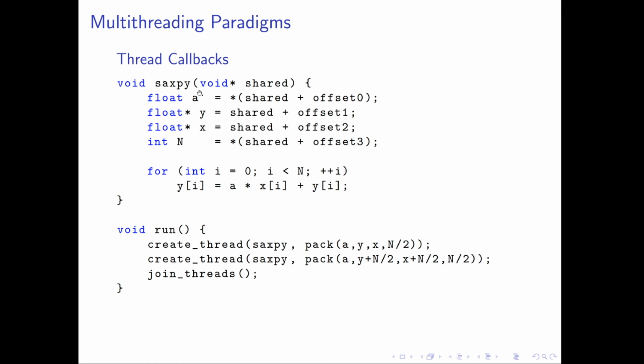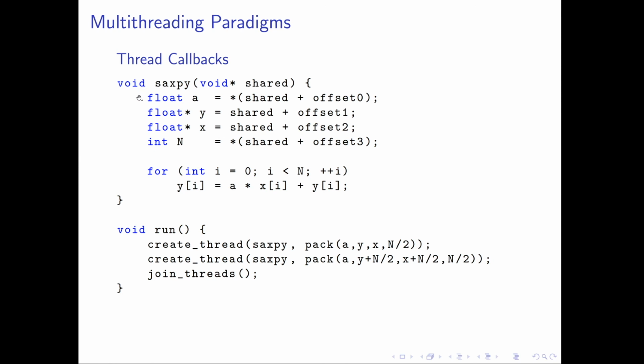You pass the callback function a pointer to a region of memory, and through this pointer, and by knowledge of certain offsets, it can identify where from shared memory it shall retrieve its inputs, like the constant a here, for example, or the vector length, or the array x, and also its outputs, like the array y.